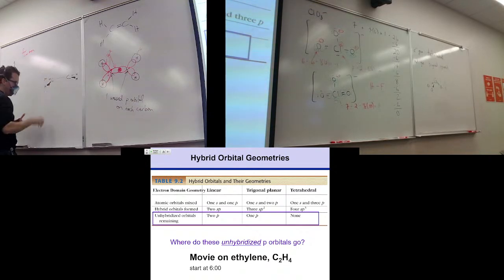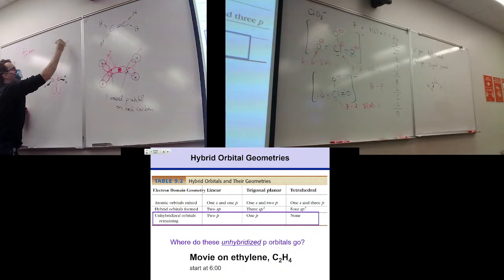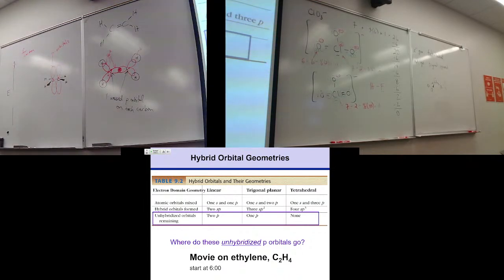Let me put this a little closer. There we go. So there is a p orbital that is sticking up like this on each carbon. These are the unused p orbitals. They're not hybridized. One comes from one carbon, the other comes from the other carbon.